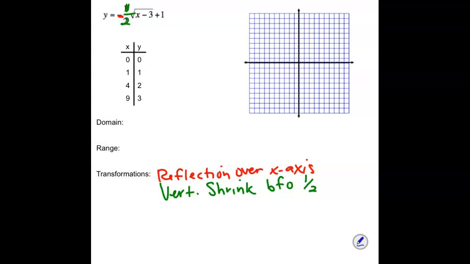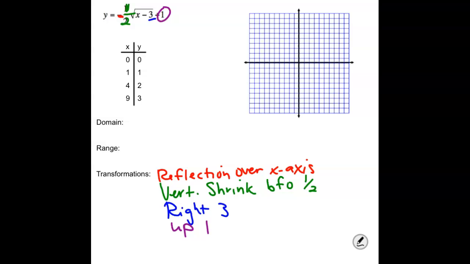Then I have a -3. So x minus 3, I'm actually going to shift it right 3. Remember, it's always x minus h. In this case, h is 3. And the last thing then is the +1, which means I'm going up 1. So I've identified my transformations.